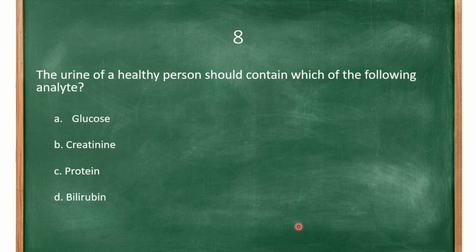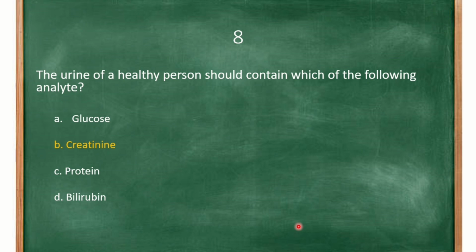Okay, question 8. The urine of a healthy person should contain the following analytes: A, glucose, B, creatinine, C, protein, and D, bilirubin. So the correct answer for this is creatinine.